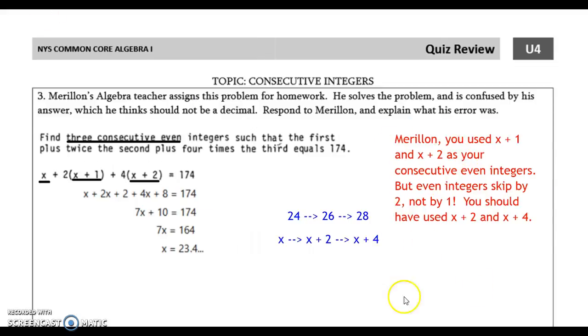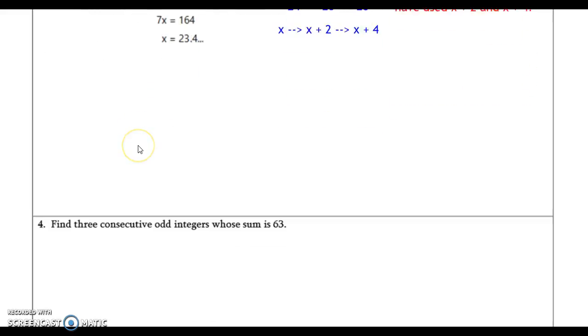And just like in any other academic conversation, we're going to be quite cordial during this. Marilyn, you used x plus 1 and x plus 2 as your consecutive even integers, but even integers skip by 2, not by 1. You should have used x plus 2 and x plus 4. So that x plus 1 should be x plus 2, and x plus 2 should be x plus 4, because we're representing even integers. The rest of the work is correct, so if he replicated that same exact work using x plus 2 and x plus 4, he would get the correct answer.